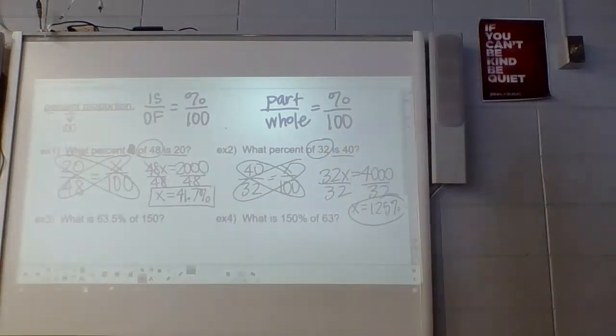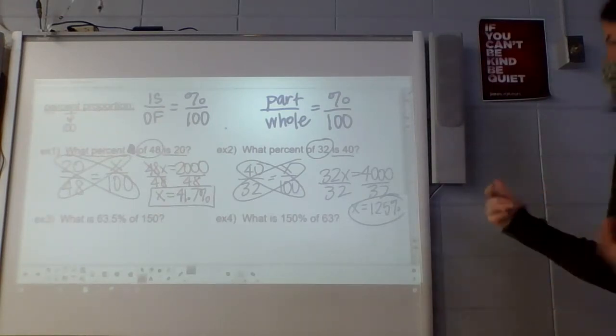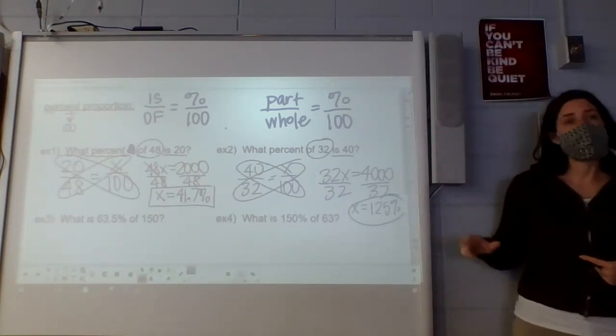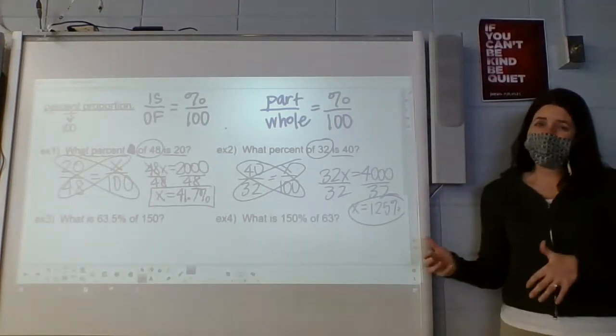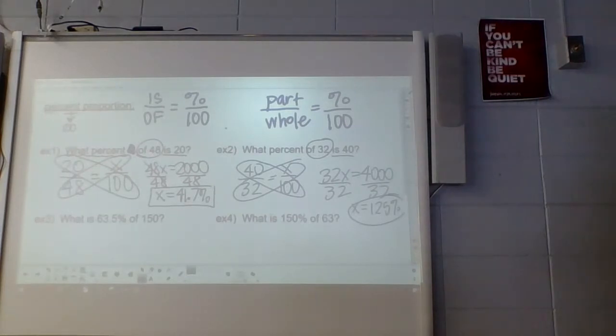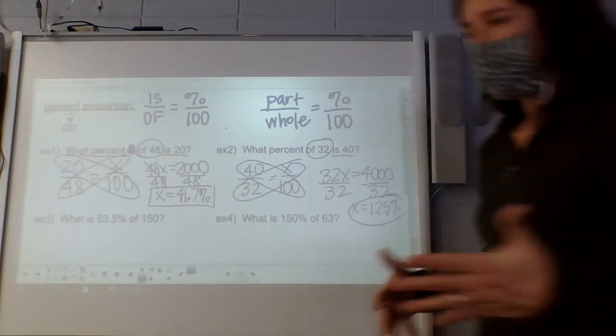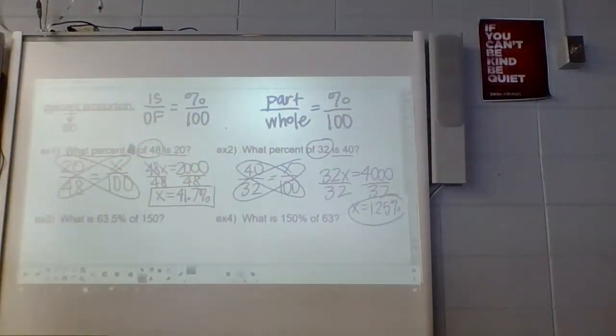Now I know it's confusing because you're like, wait, you can't have more than 100%. You actually can. It kills me when people say I'm going to give 125% on something, because then that sounds kind of silly, because how can you give more than you have? But percentages over 100 exist, and it actually exists quite a bit, like in business. When you go to a store and you purchase something, they use a percentage over 100%.